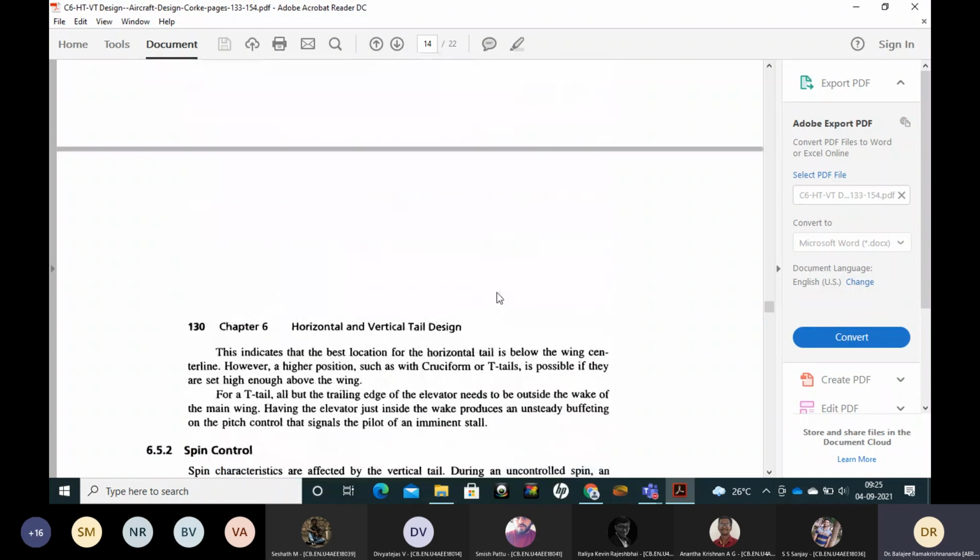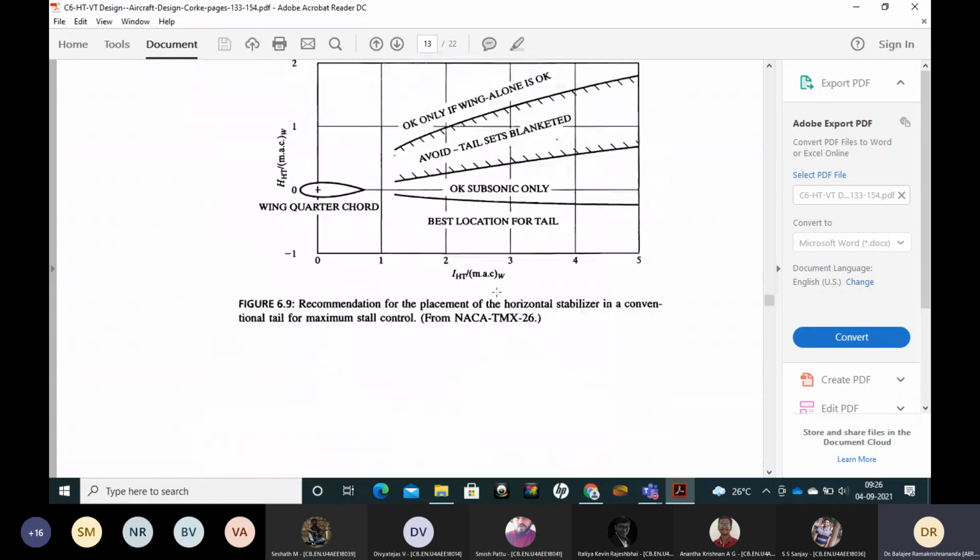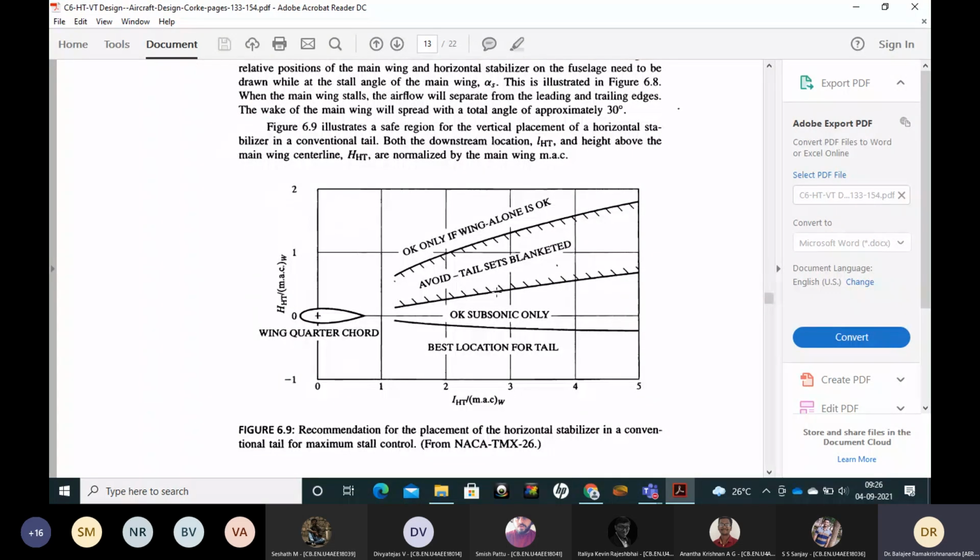So when you vary this, LHT will vary, LVT will vary. You may have to go back and calculate the tail area again. So you see, there is a complication. It's a slightly iterative approach. It's not very complicated, but you have to go through an iterative approach to satisfy all these conditions for tail design.